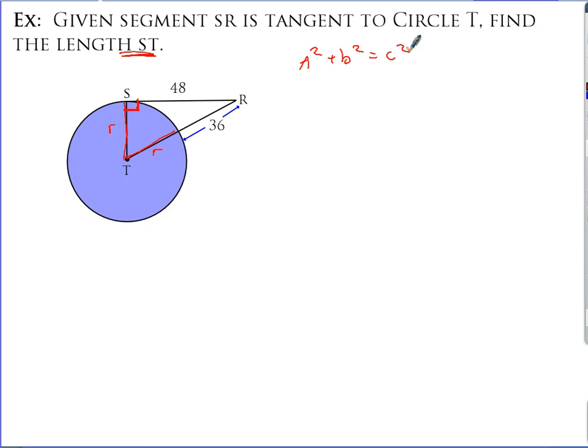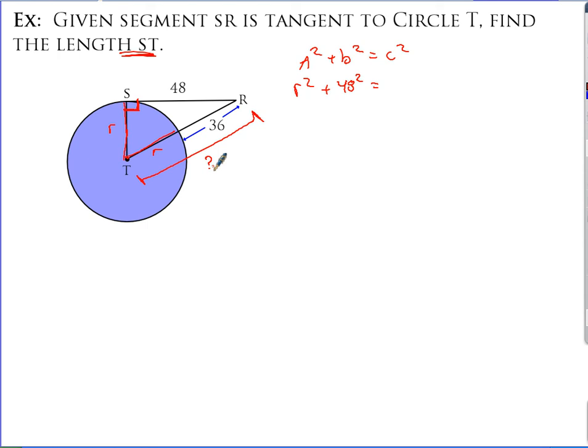48 is B. Okay, so we can call this one B and this one A. So A has to be, we don't know, it's R. So I'll call it R squared. Plus B is 48 squared. C in this case is the hypotenuse. Well, that's the distance from here all the way to here. Do I know that distance? No, but I know this part is 36, and I know this piece is R. So this whole thing together has to be what?